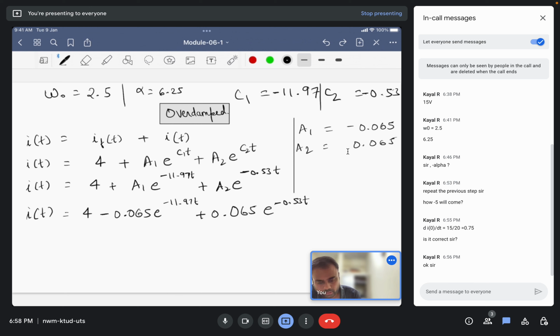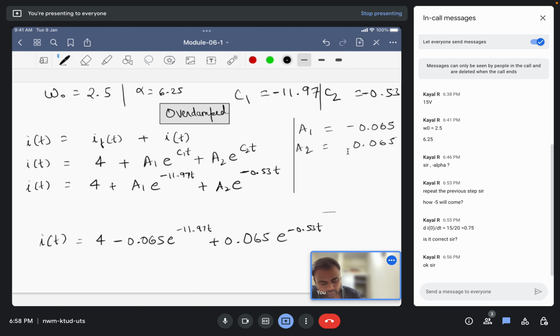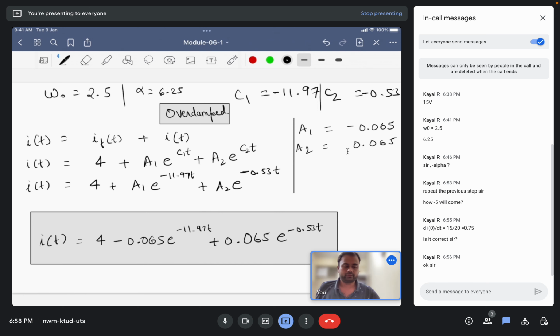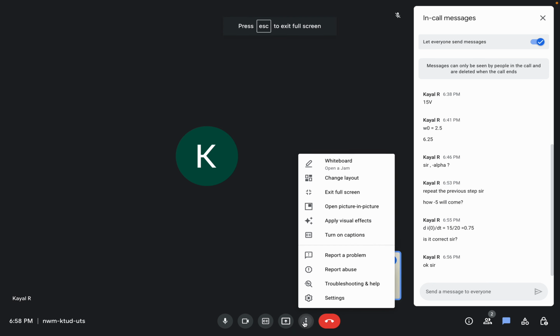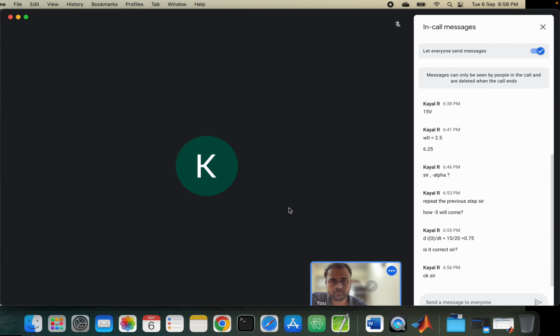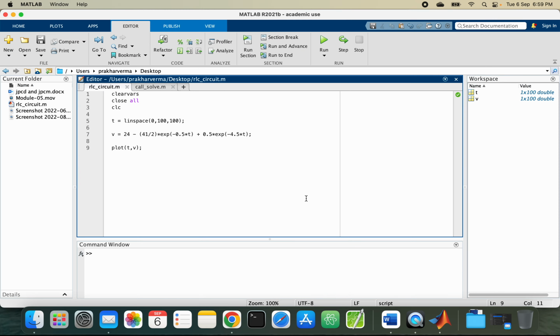We can also plot the equation quickly in MATLAB and see how this variation comes. So let us do that quickly. I will switch to the MATLAB window. Now in this case, instead of voltage, we have current. So we will comment this line and write the equation for current.